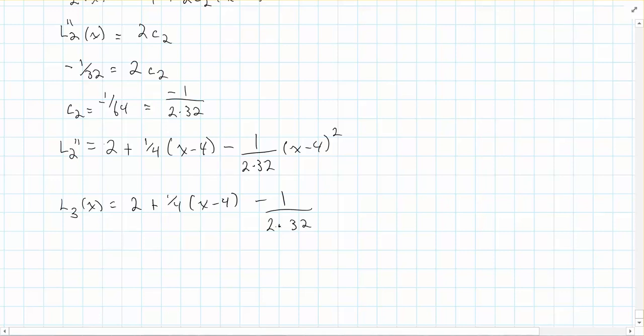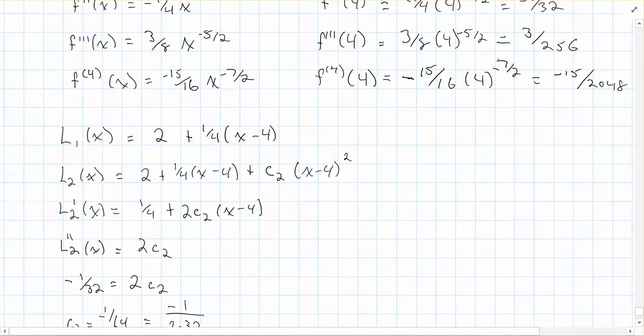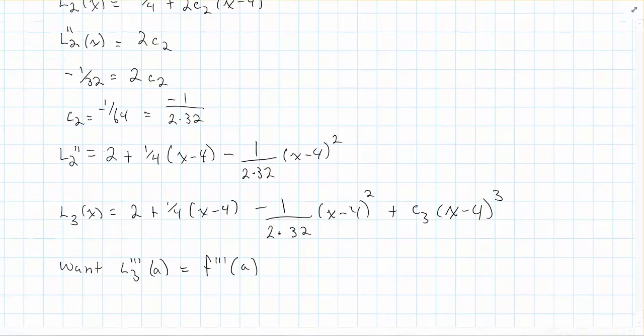And I know it's 64, but again, I'm purposely leaving that as 2 times 32. And I'll put on a C3 here. This should be squared, and then this is cubed. And we know we want L3 triple prime at a equaling f triple prime at a, which f triple prime at a is 3 over 256.